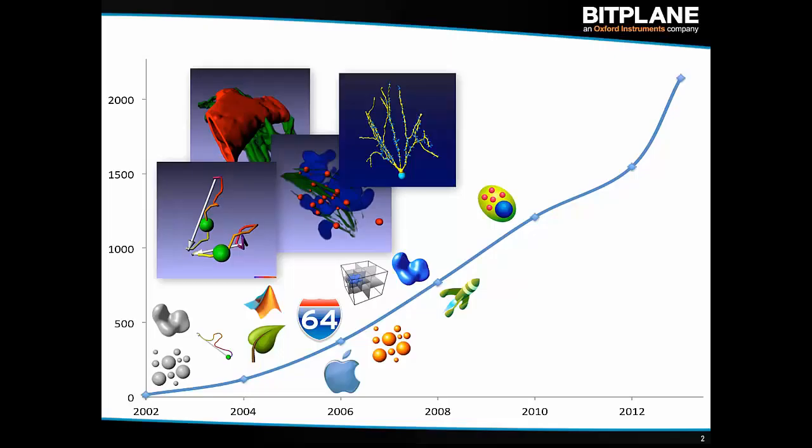Really simple tools to analyze images, count number of foci, for example, or count number of cells. But then we started to add more functionality for more complex types of analysis, like filament tracing over here, and then later on cells, which were added in 2009. Cells is like a multi-compartment object, and it can detect the cell membrane, the nucleus, and different vesicles inside. We can't yet model things more complex than vesicles, but we would like to do ER and other organelles inside.